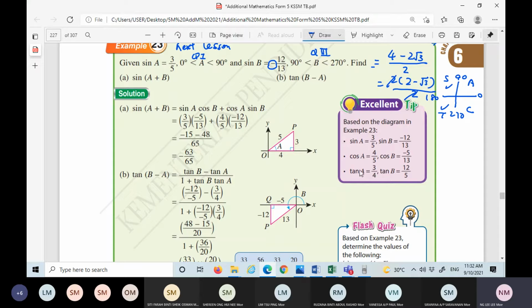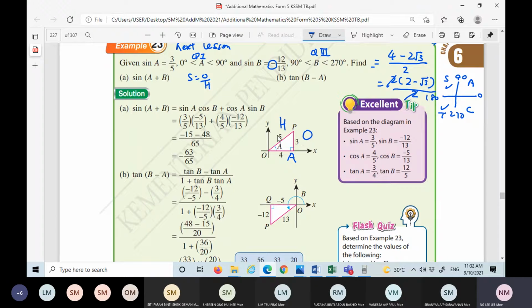Before you start, you list out for the angle A, what is the sine, cos, tangent? For the angle B, what is the sine, cos, tangent? It is easier. So you look at this diagram. I repeat, sine is 3/5. So opposite is 3, hypotenuse is 5. Angle A is here. So this is opposite, this one is hypotenuse, this one is adjacent.